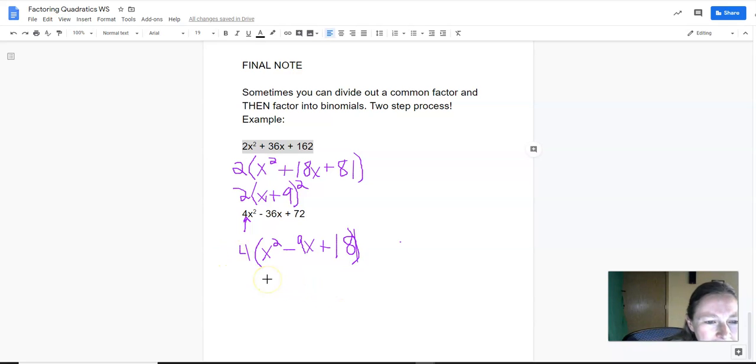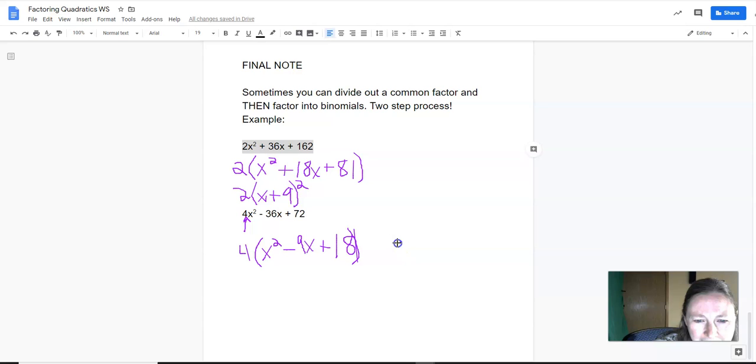So this does not look like a perfect square, but I'm trying to think of two numbers that if I multiply them, I get 18, and if I add them, I get negative 9. So since this is negative, that suggests to me that both of the factors are negative, and a negative times a negative is a positive.